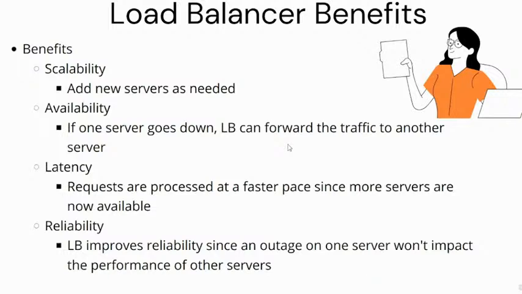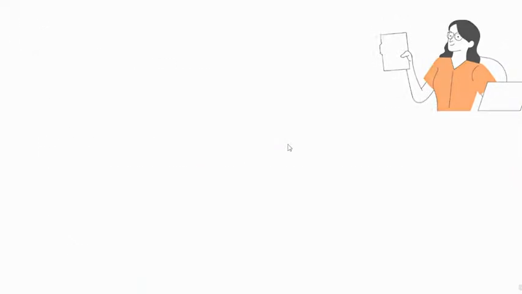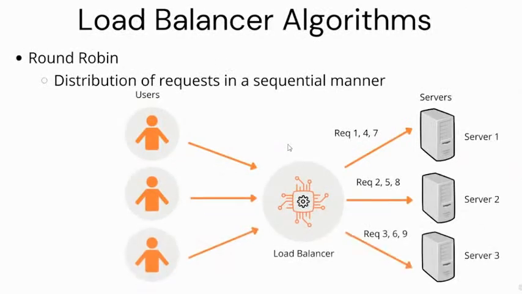Now let's take a look at some of the algorithms that are used by a load balancer. The first algorithm that we're going to discuss is round robin. In this case, the requests are distributed in a sequential manner.